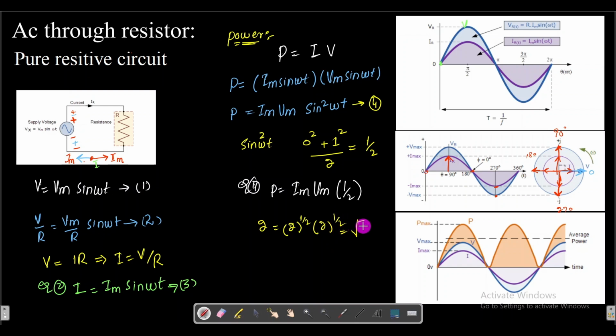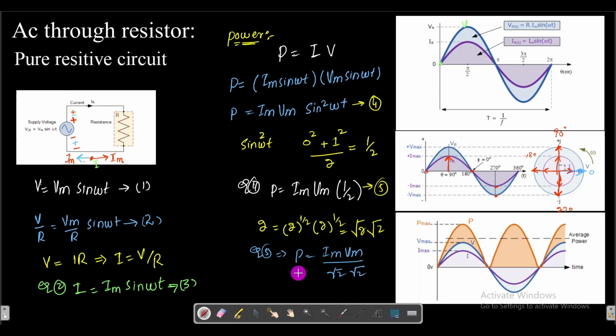It means the square root of 2 and square root of 2, so instead of this 2 we will put that. So equation 5 becomes P is equal to Im Vm divided by square root of 2 and square root of 2 here.